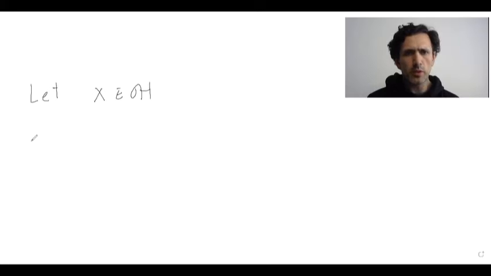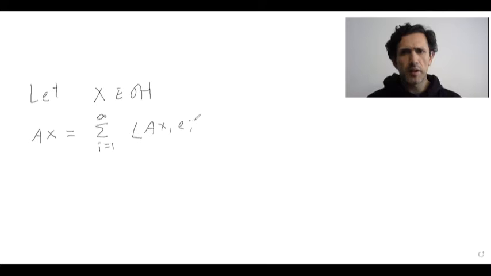So what we can do is, for any countable orthonormal basis e_i, H is separable, so there is a countable orthonormal basis. We can write AX as this sum here, the sum of <AX, e_i> e_i. So the convergence here is in the Hilbert space norm.